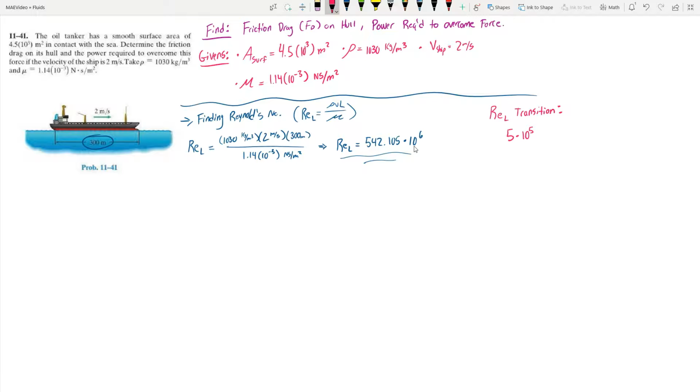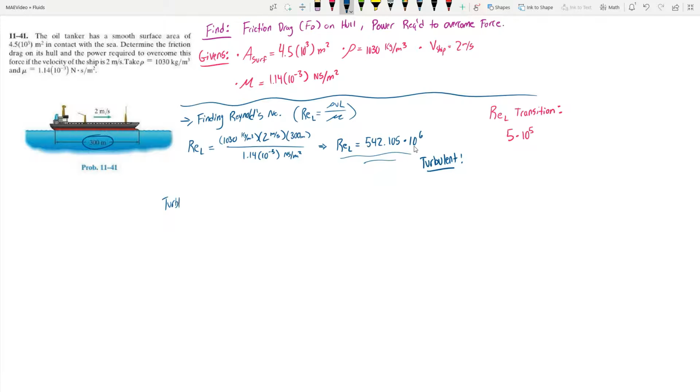And since this Reynolds number that we're obtaining is greater than that, that means we can say that this is going to be turbulent flow. Okay. So knowing that this is turbulent flow over a plate, we can call the bottom of the ship a plate in this sense. We're going to have to look at our equations for drag coefficient with a turbulent flow over a plate.